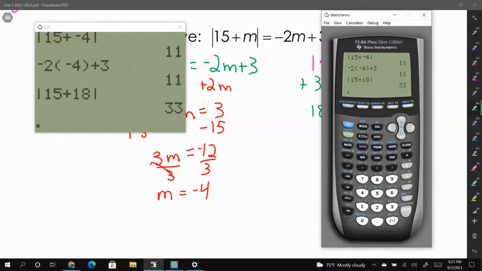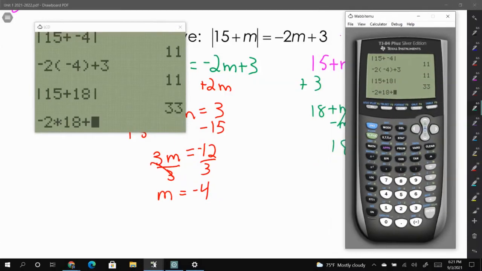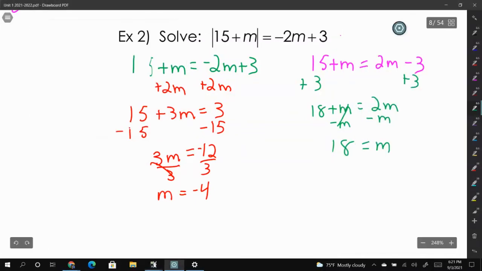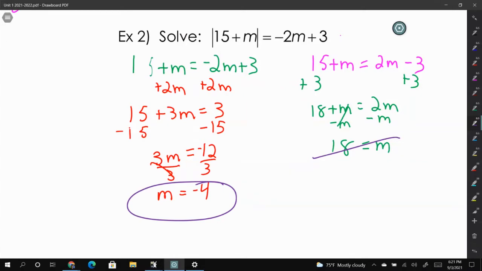Then negative 2 times m, which again is 18, plus 3, and we get negative 33. Those are not the same. So this is not a solution here. This is your only solution: m equals negative 4.